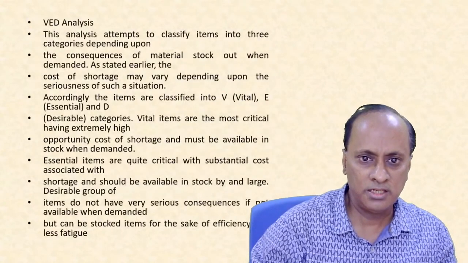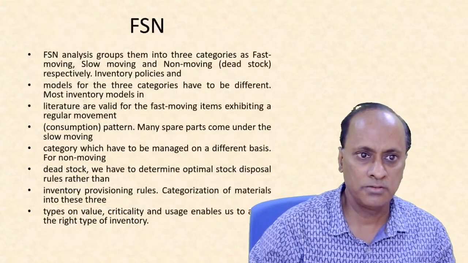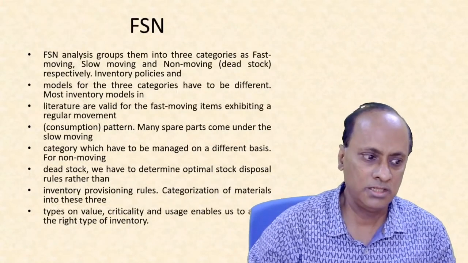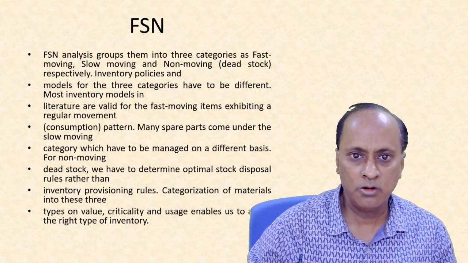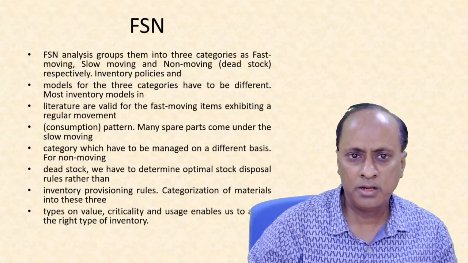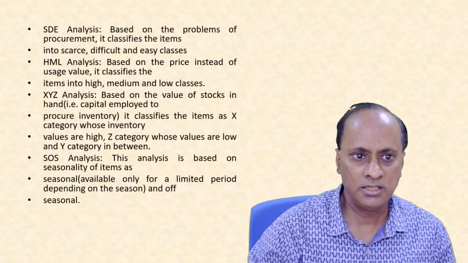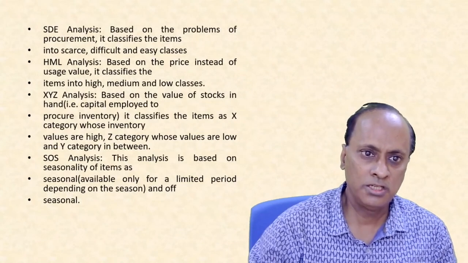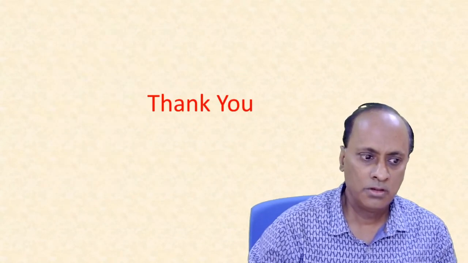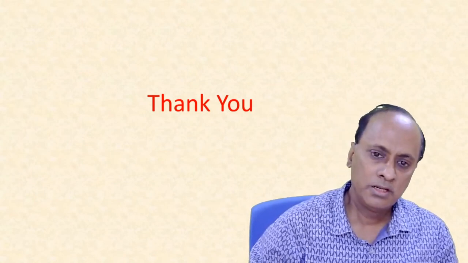Similarly there is VED analysis: vital, essential and desirable categories. Then there is FSN analysis also: fast moving, slow moving and non-moving, and the company should give more weightage to this. Then SDE analysis, HML analysis, XYZ analysis: all these analyses give you very good tools for inventory control.